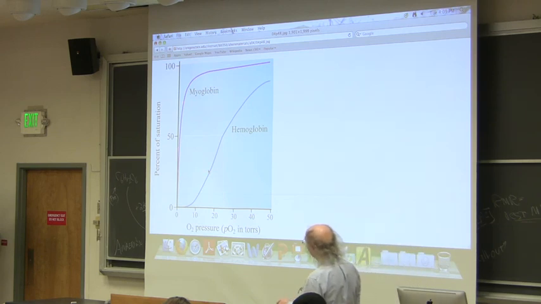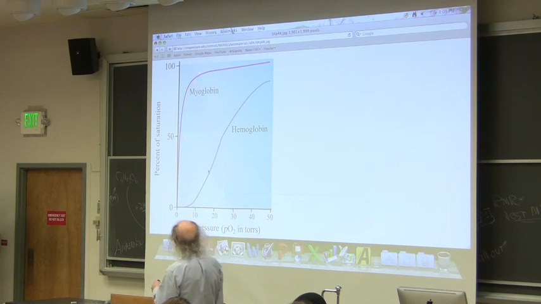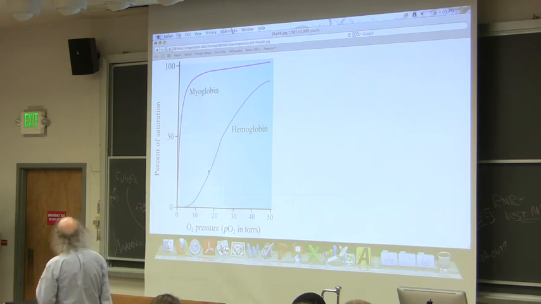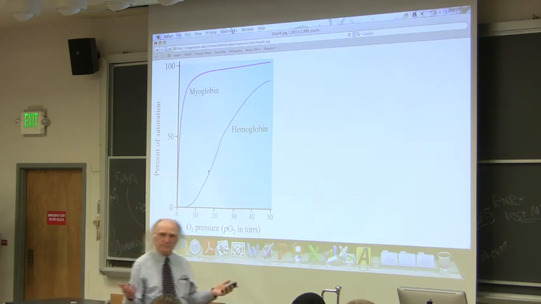What does this graph really mean? Well, let's look at it. Up here at reasonably high concentrations of oxygen, myoglobin has about 100% of its subunits holding onto an oxygen. Well, that's good. You want that, right?